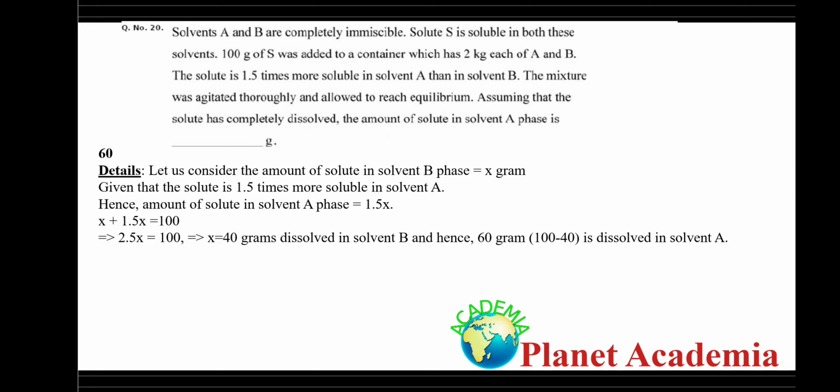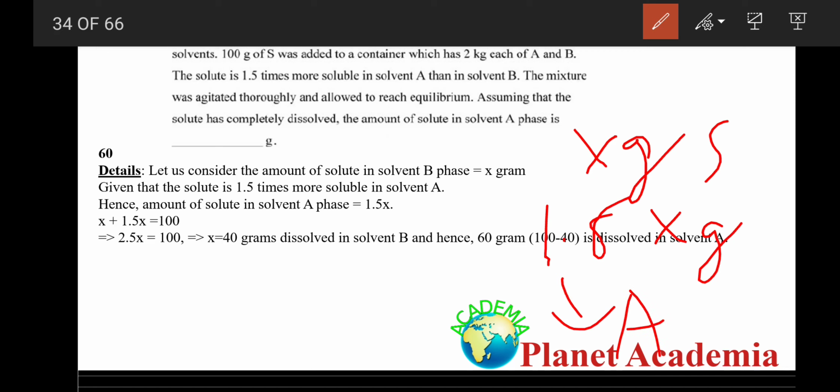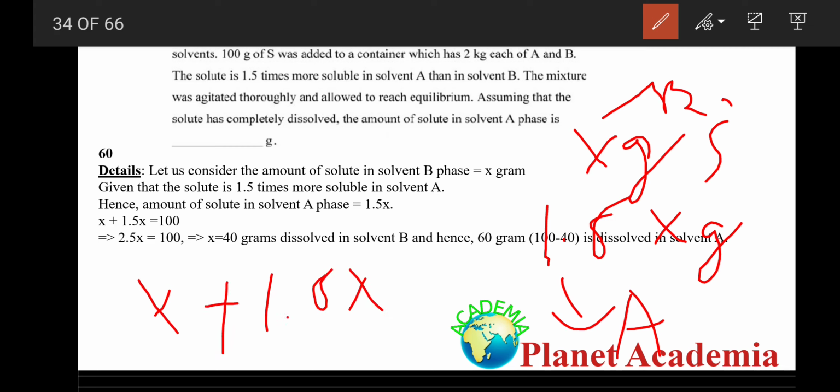The amount of solute in solvent A phase is asked. So actually, suppose x gram of solute is in solvent B, then 1.5x gram will be in solvent A. This is in B and this is in A. Now, the sum x gram plus 1.5x gram will give the total weight, that is the 100 gram of the solute.